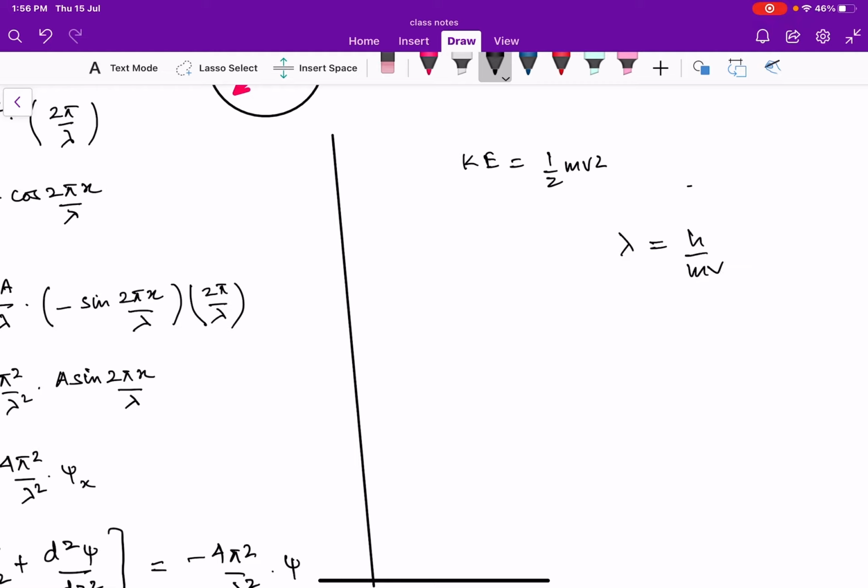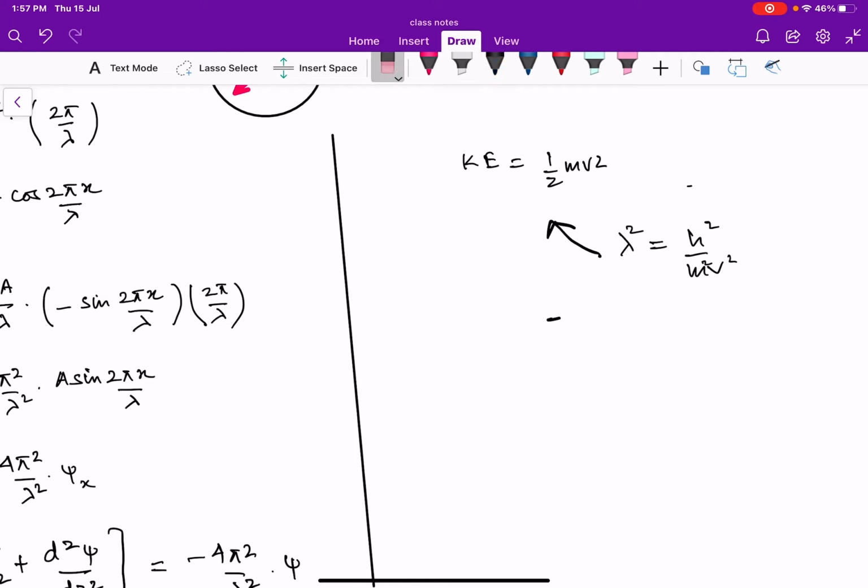We all know this. So if I am simply squaring it on both sides, we get this. And now I am simply substituting the values in this equation.